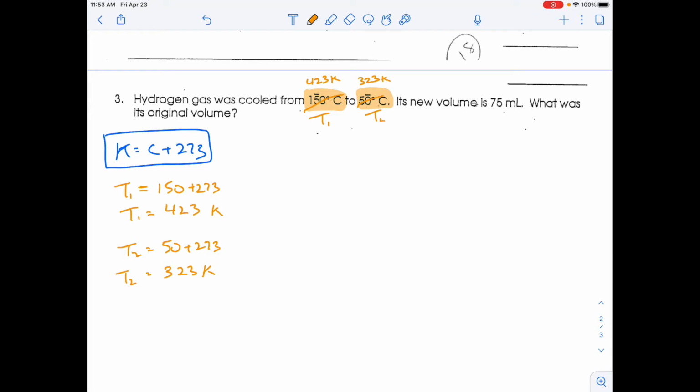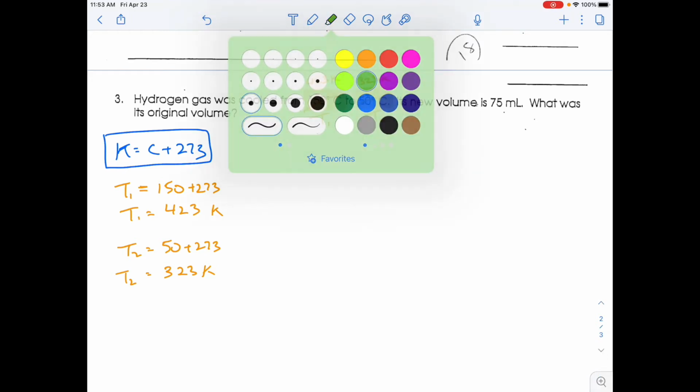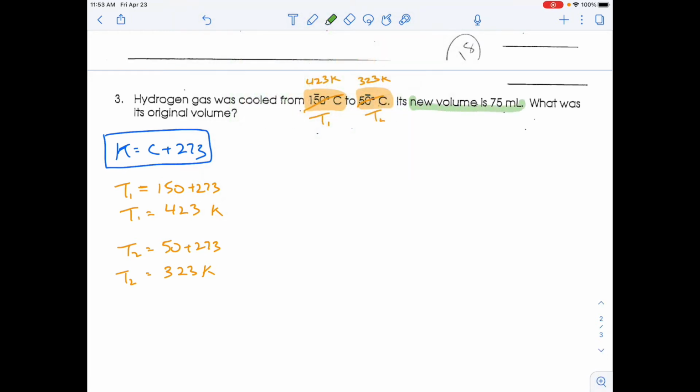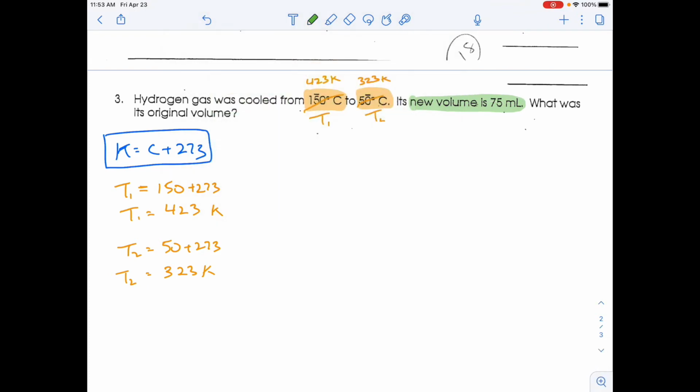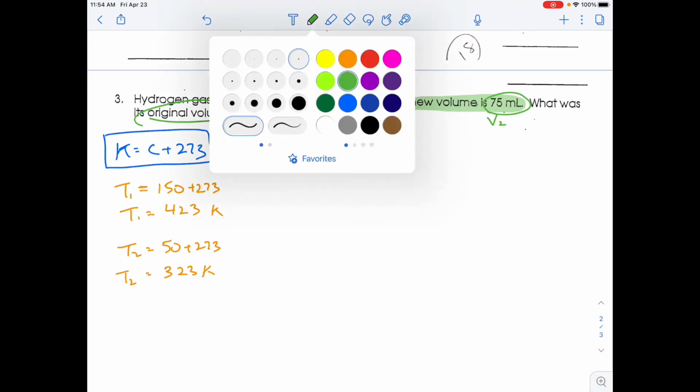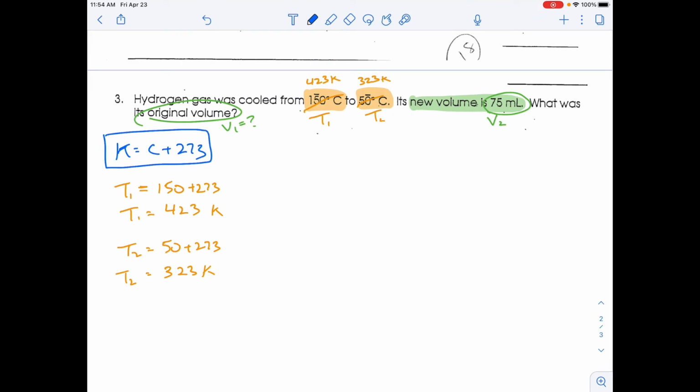Now, this problem's a little tricky because it says its new volume is 75 milliliters. So that new volume is V2. V2 is 75. What was the original volume? So V1, we don't know. So let's write down our information.